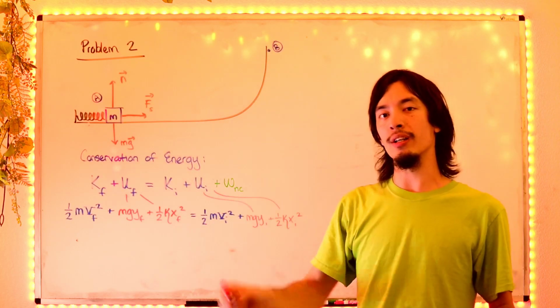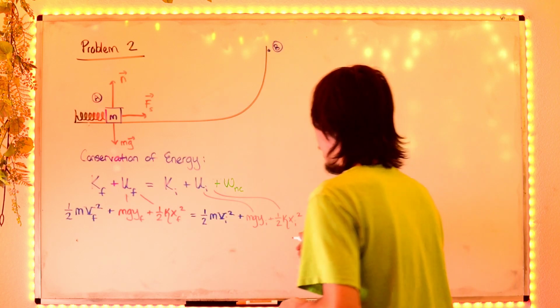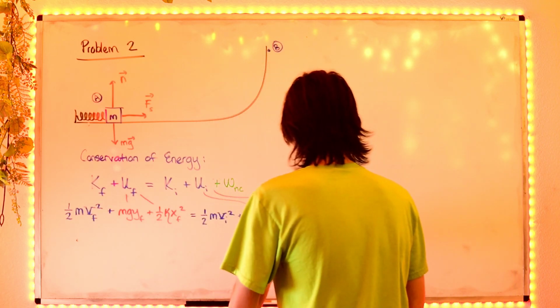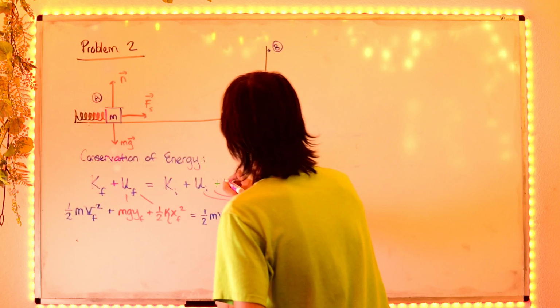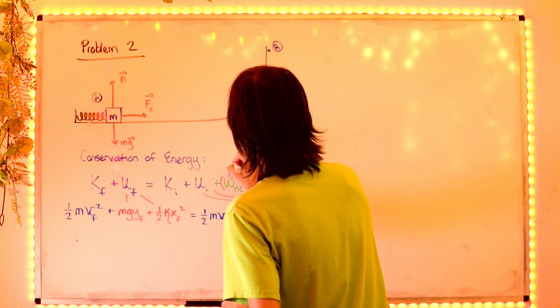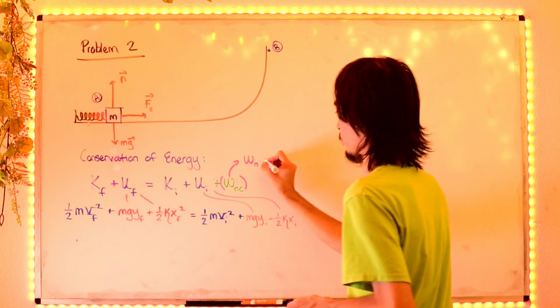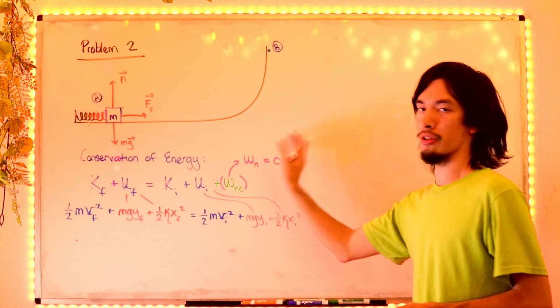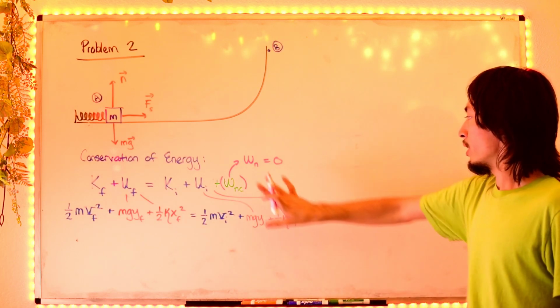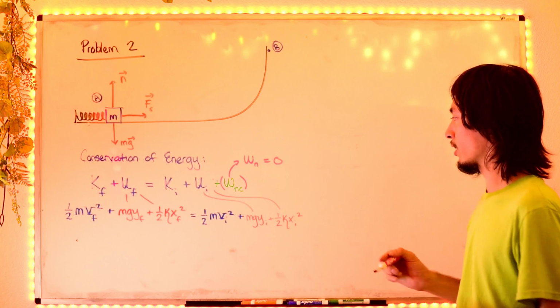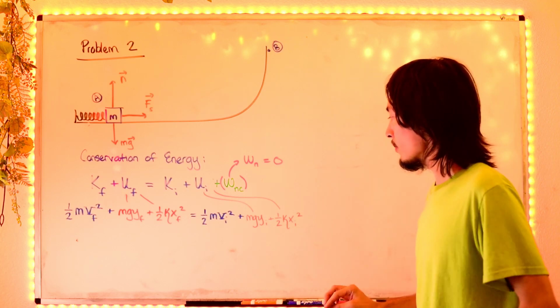So there's no work done by that force. Meaning that this work non-conservative term, despite being the normal force work, is just equal to 0. It will just go away. So we don't need to consider any work non-conservative in this problem.